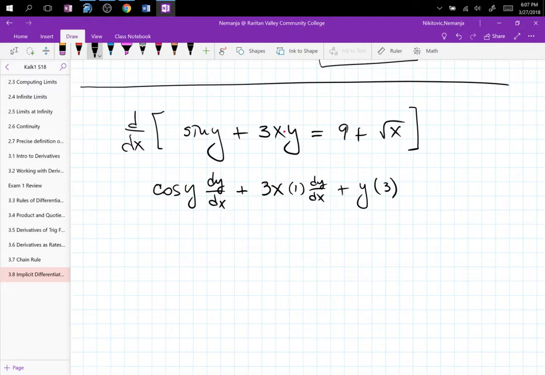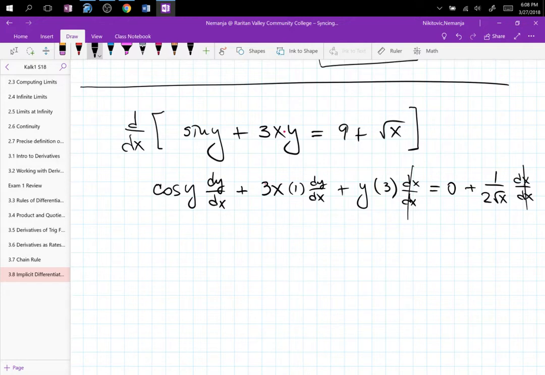We could put dx dx, but we don't have to. Nah, put it. Equals the derivative of 9 is 0, plus 1 over 2 root x, again dx dx. So these dx dx, they cancel.